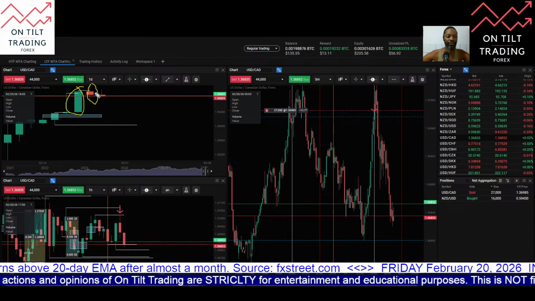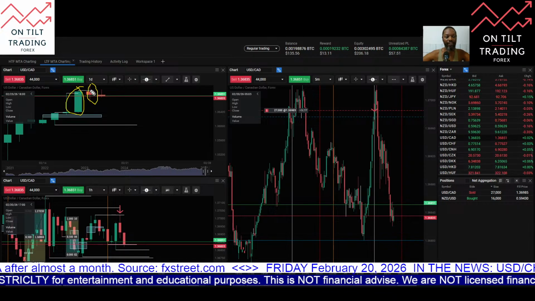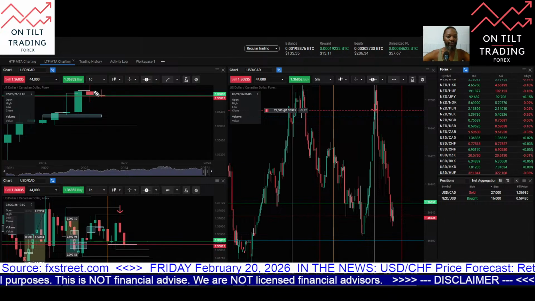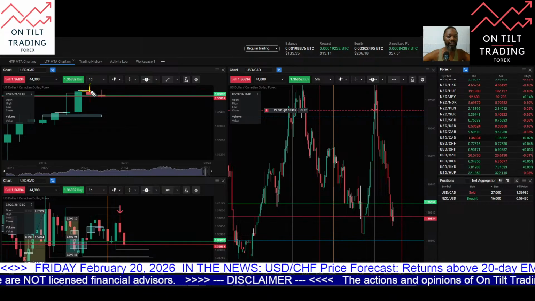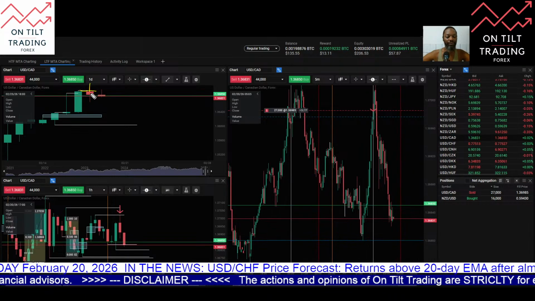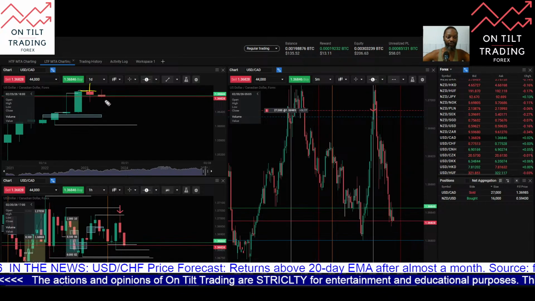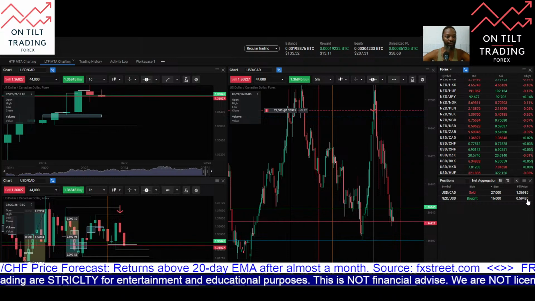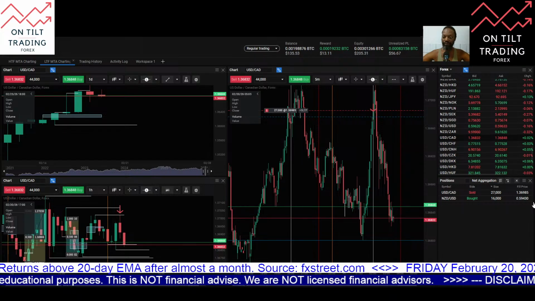So the price action from the day before yesterday puts in a high, and yesterday's candle trades above the high but closes inside, or closes below, the day before yesterday's high. So this would give me a sell side draw on liquidity, and I would be looking for short positions.